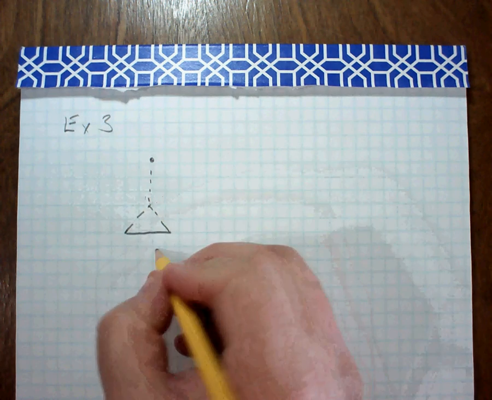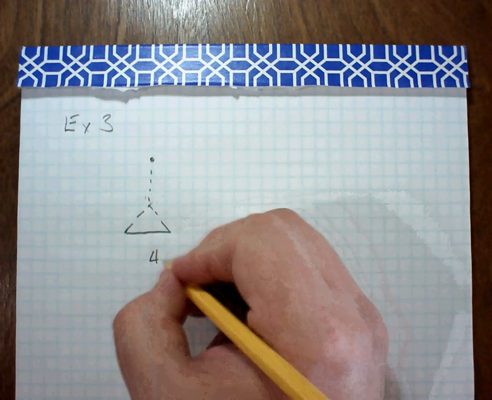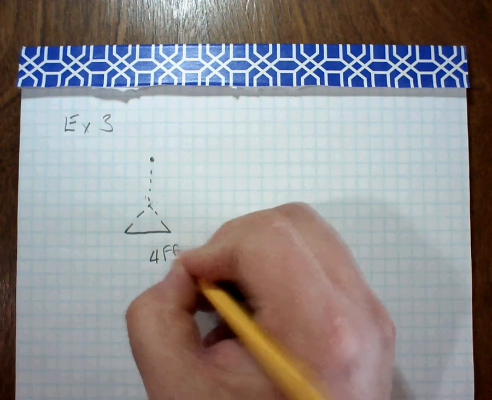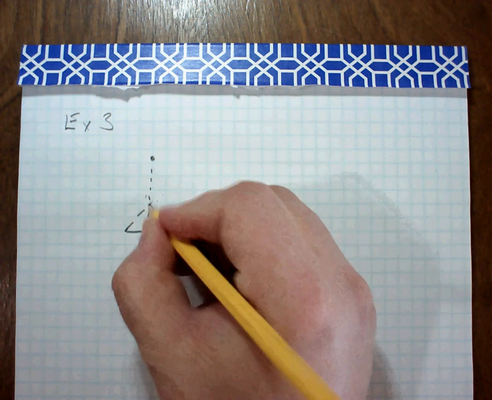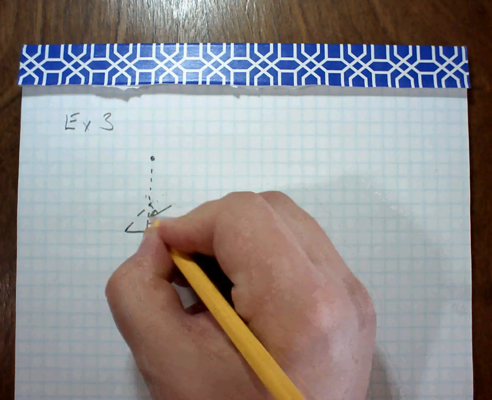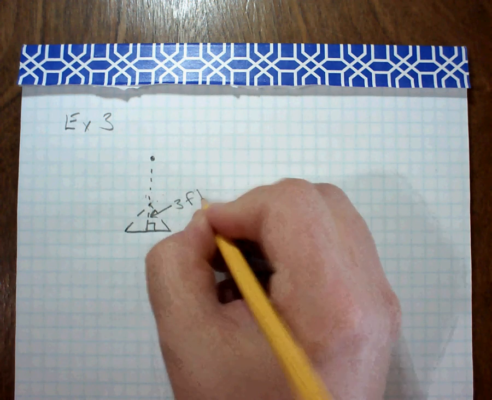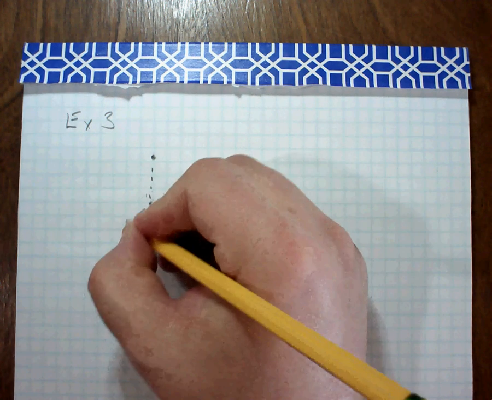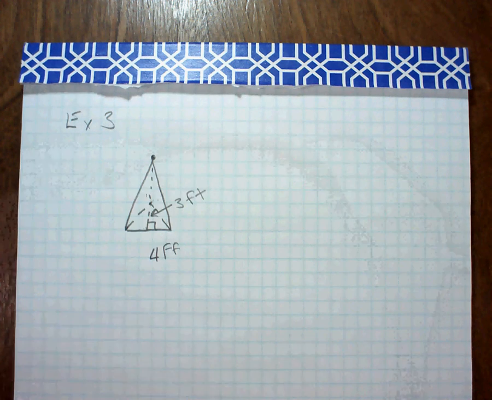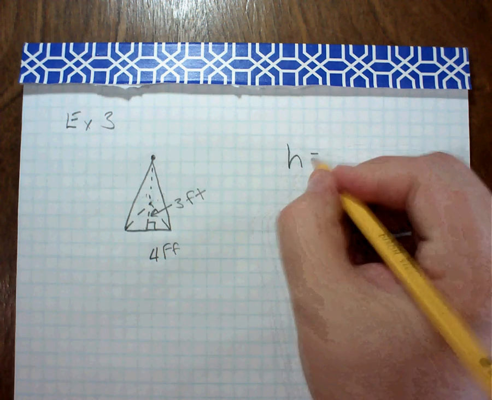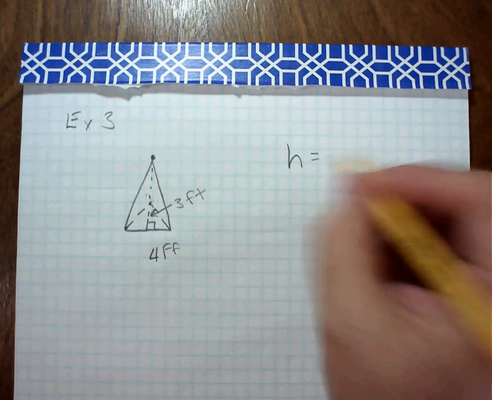And we're told that this is 4 feet, and then from here to here is 3 feet. And we're asked to find the height again. So they want to know what's the height of this thing, of the pyramid.